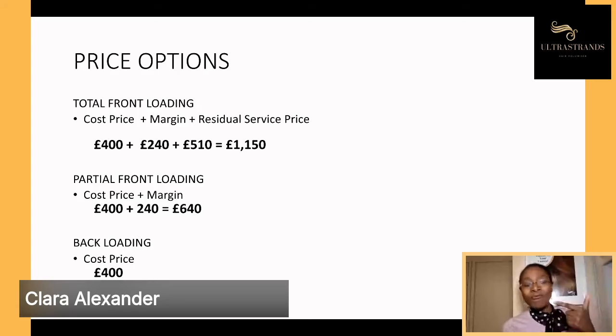It's about what value a client gets from it. Because when the client perceives that the value is great, then they're more than likely to purchase the product than if they don't. So the three options again: total front loading.